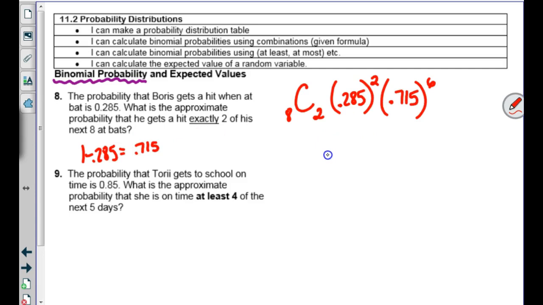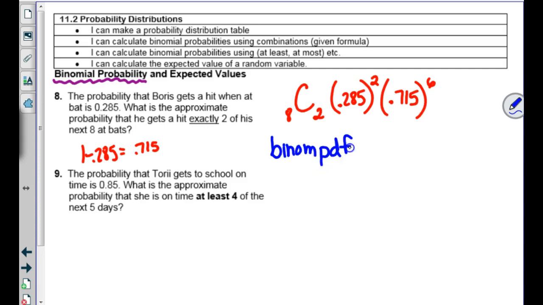Okay. But there's another way to do this. It is a binomial probability, but we just want exactly one thing to happen, which is 2 hits. So we use PDF, and that's the only one we really ever did.